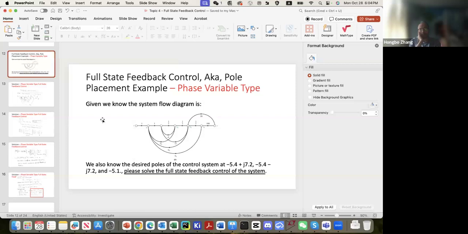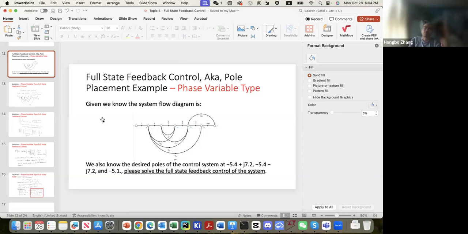This is actually called pole placement. Everything is in front of you: you know the poles, you know the feedback systems, you know everything inside out. Actually, this is a big part, at least 70% of level 4, by the way.